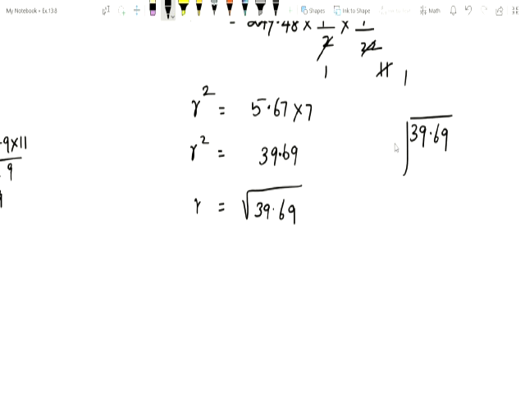If you put 7, 7 7s are 49, which is more than this number. So you choose 6. Whatever number you are putting, that same number you write. This is long division method. 6 6s are 36. Now you subtract, take the next 2 digits. This decimal you keep there. 369.